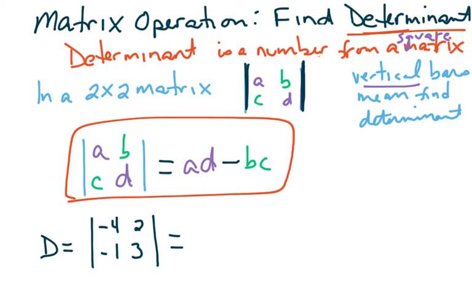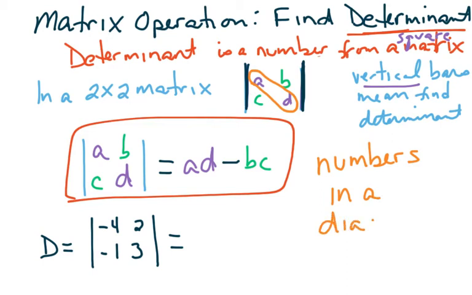So we start where we read a book, in the upper left-hand corner, and we find this first diagonal. Numbers in a diagonal, you multiply. And then we also have a diagonal going the other direction.